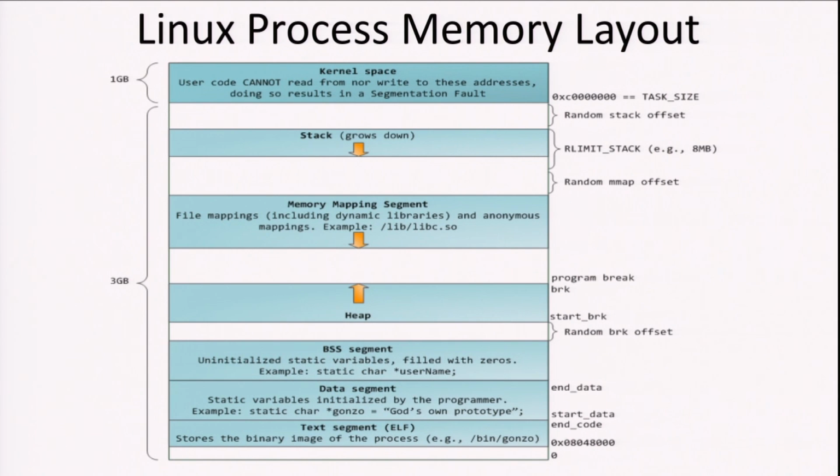In Linux, 1 gigabyte is the kernel space, and user code cannot read or write to these addresses, and if it does attempt to do that, you normally get what is called a segmentation fault.